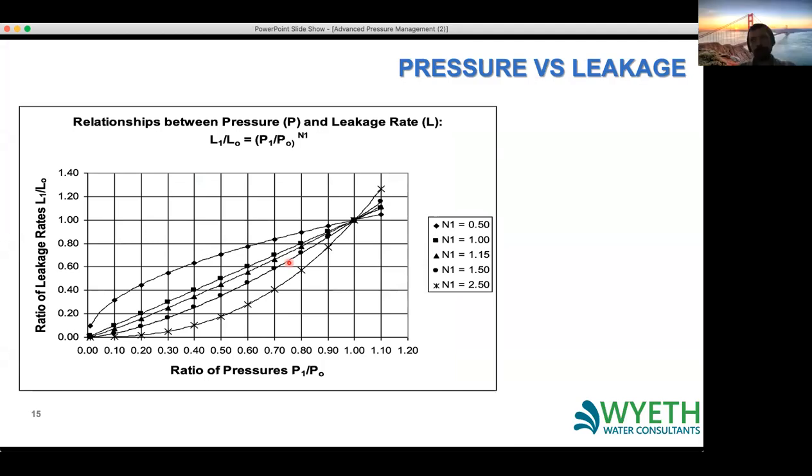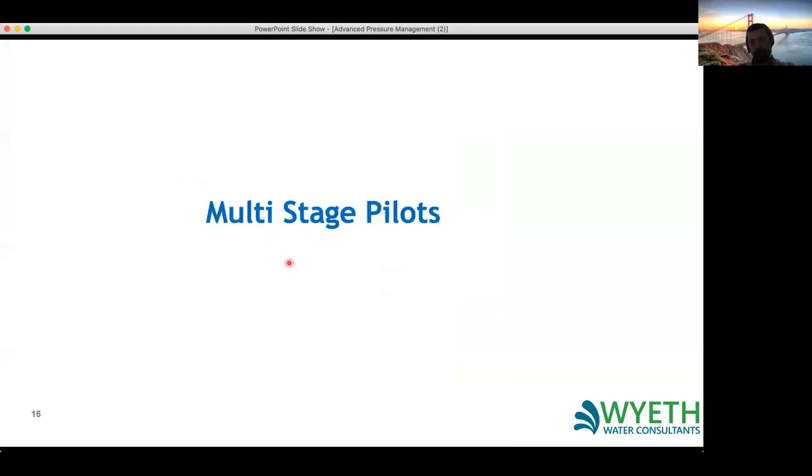So what we can do is look at different techniques to make our basic PRV work harder and more efficiently.